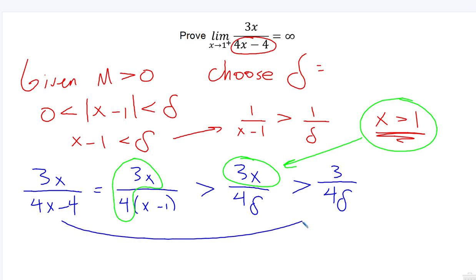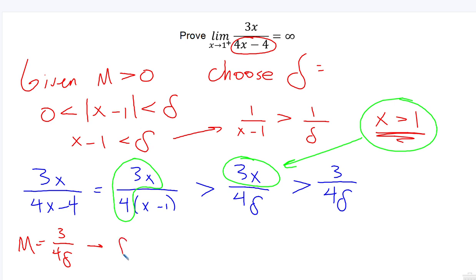And now I've done the whole process I really need to do. I've shown that my function is greater than something that's all in terms of delta. And so now we just need to choose the appropriate value for delta. We know that we want m to equal 3 over 4 delta. Well, just cross multiply. That's going to tell you that delta needs to be 3 over 4m. Okay?